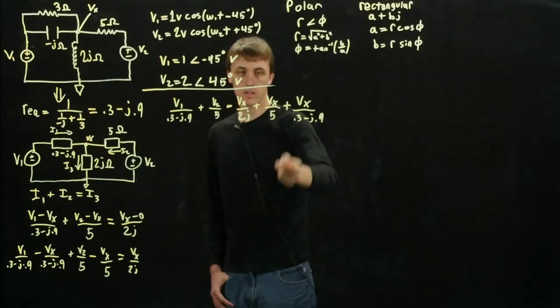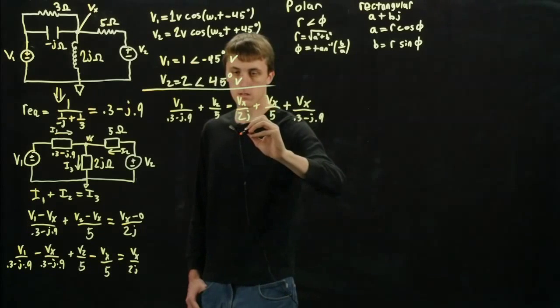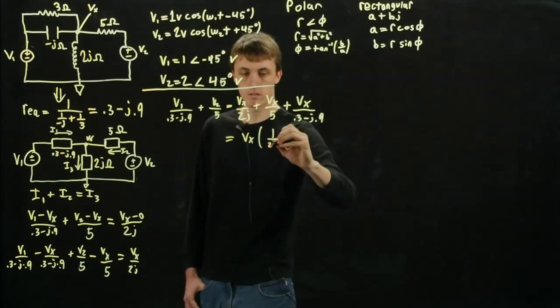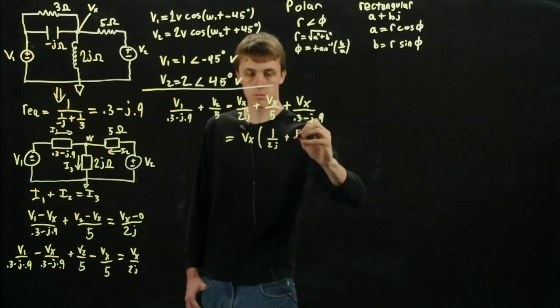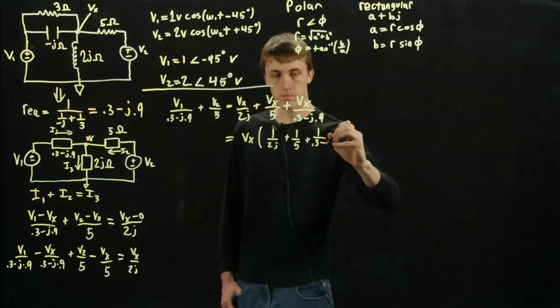And here we can just combine these and pull out a Vx, and have Vx times 1 over 2j plus 1 over 5 plus 1 over 0.3 minus j 0.9.